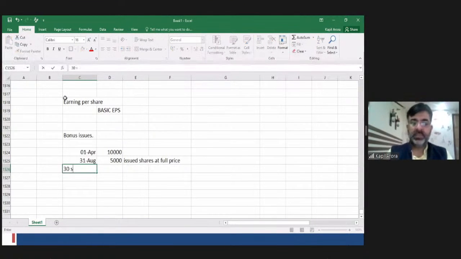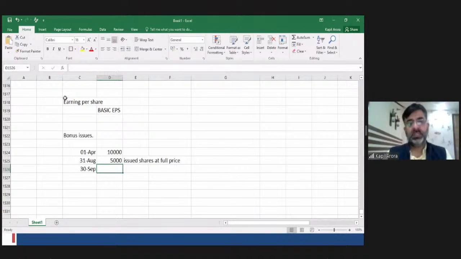On 30th September, I have given 1 bonus share for every 2 shares.